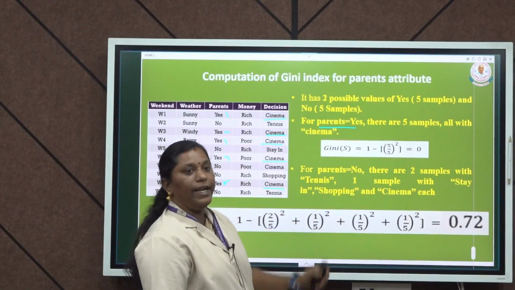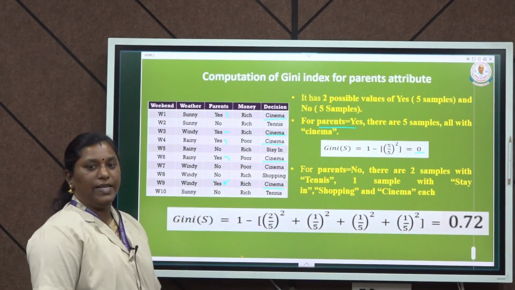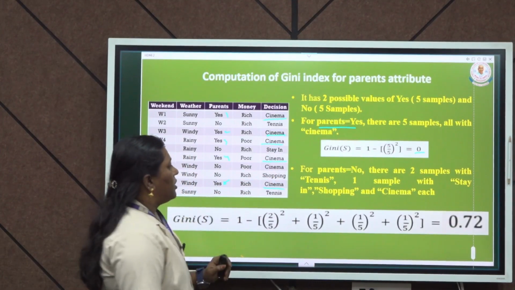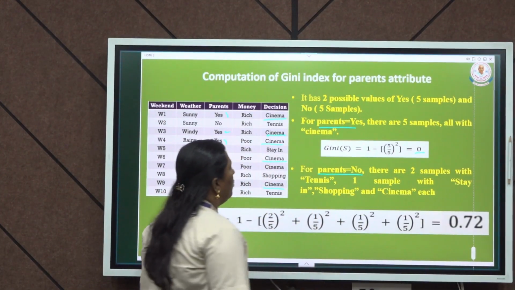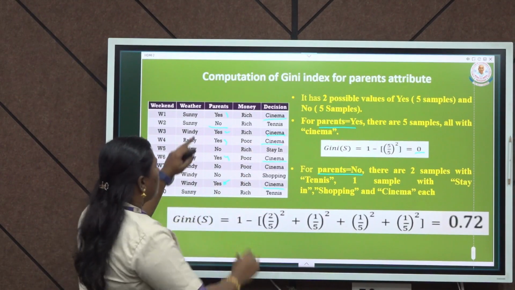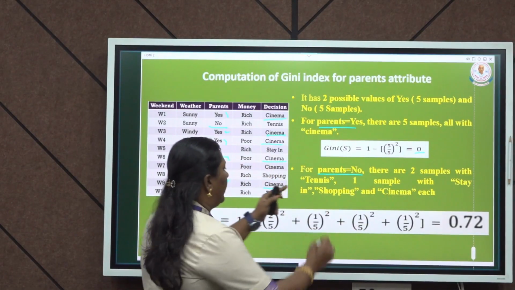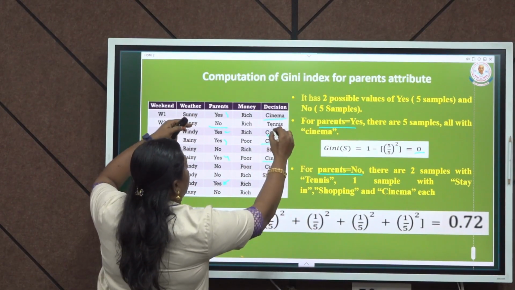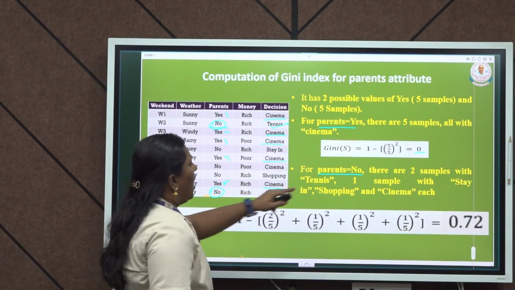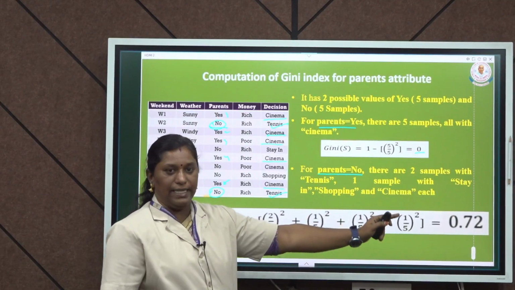When we apply the Gini index formula, we get 0 as the Gini index when parent is equal to yes. Next, let us proceed to parent is equal to no. It is associated with 2 samples of tennis, 1 sample with staying, 1 sample with shopping and 1 sample with cinema.